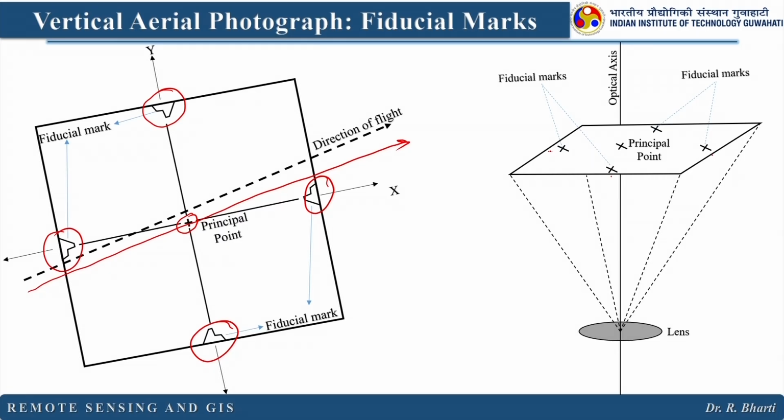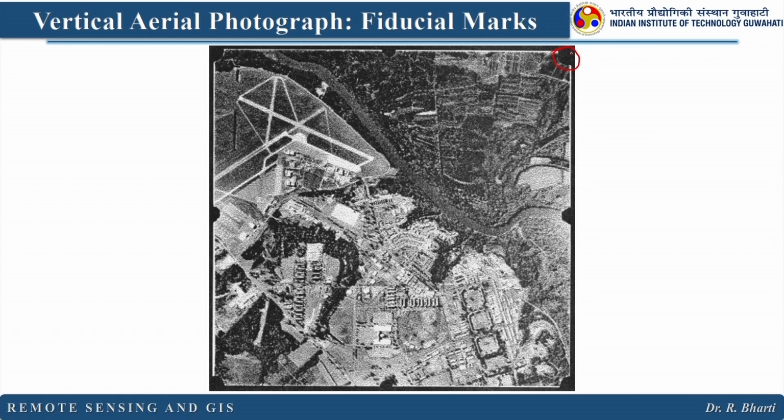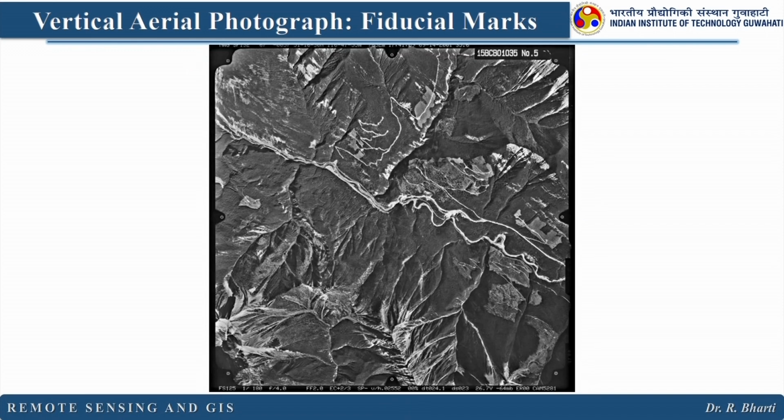So, sometimes you may find this kind of shape, sometimes you will find some cross, sometimes it will be like this, right. If you see this photograph, these are basically fiducial marks, right, and it is very easy to locate on the image, and if you join them, you will find the principal point.